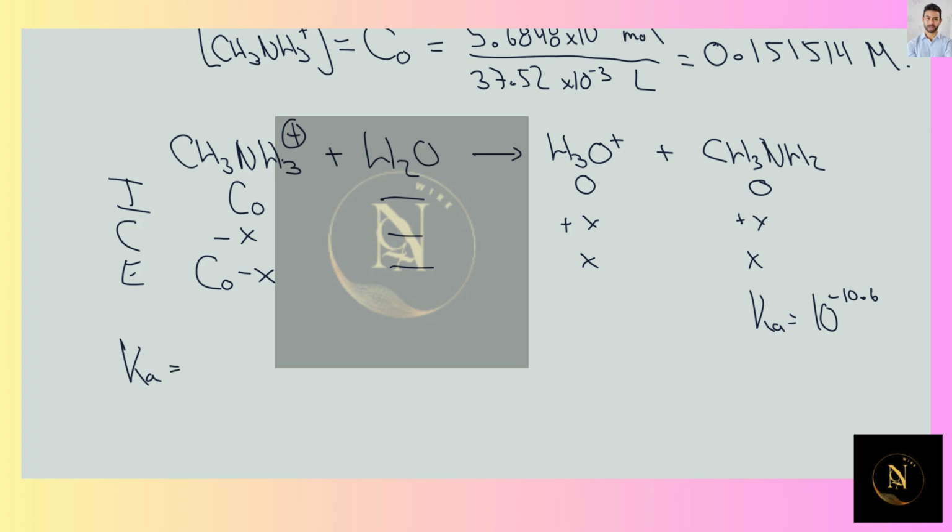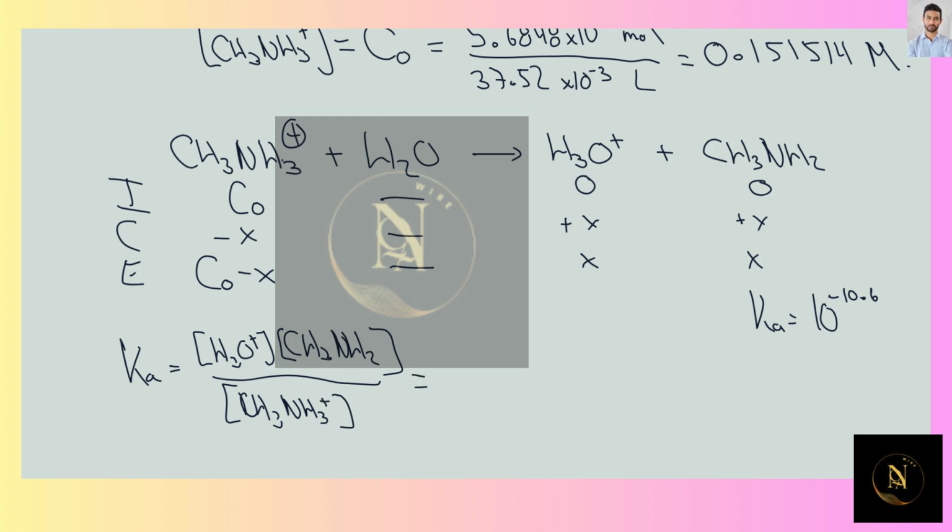The value for Ka is equal to the concentration of H3O+ times the concentration of methylamine divided by the concentration of methylammonium, and replacing the values that we got at equilibrium, we get x squared divided by C0 minus x.